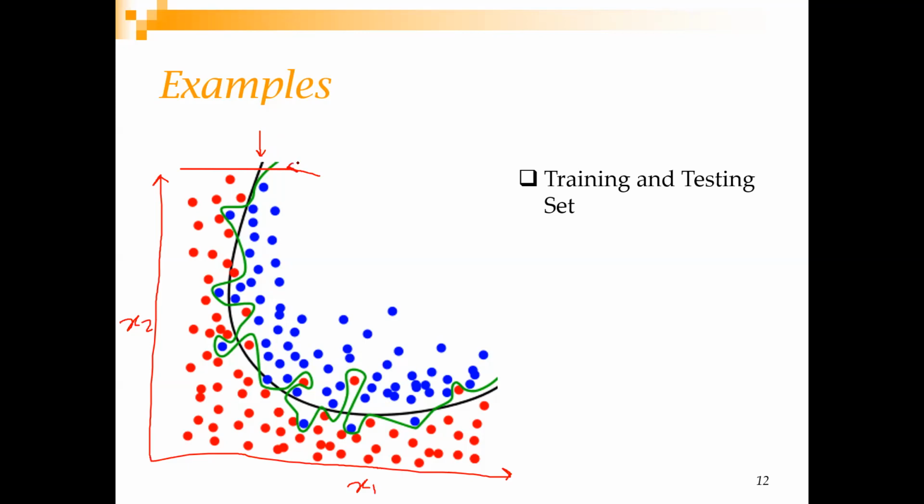Do you see that? If you look at this, you may conclude that the green classifier is better, because it completely separates the two classes, and the black classifier doesn't do a good job.